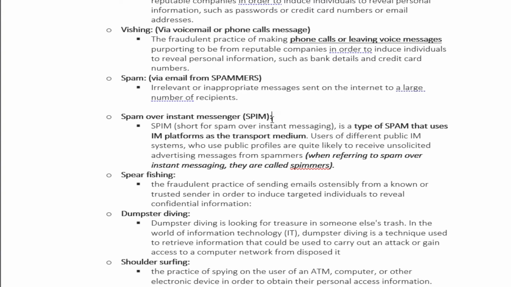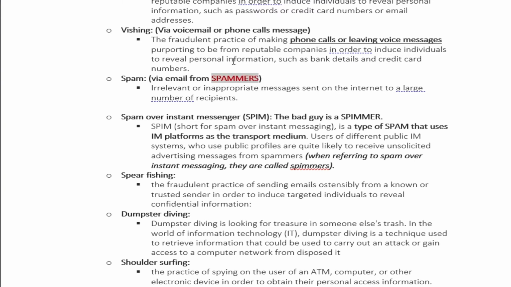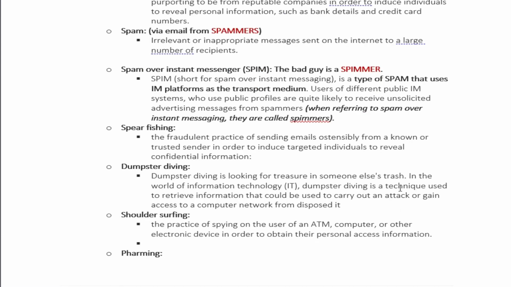If the bad guy is spamming you, sending you spam through instant messenger, like Facebook IM or Yahoo IM, then he is a spimmer. So in this case, we say the bad guy is a spimmer. All right, so remember these two terms here. One says spammer. We'll put that in some kind of a red color. And the other one says spimmer. All right, keep those two words in mind.